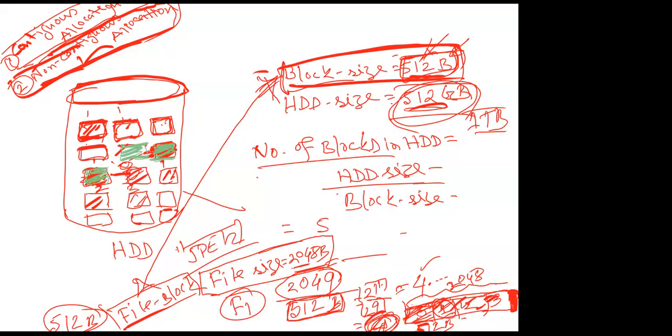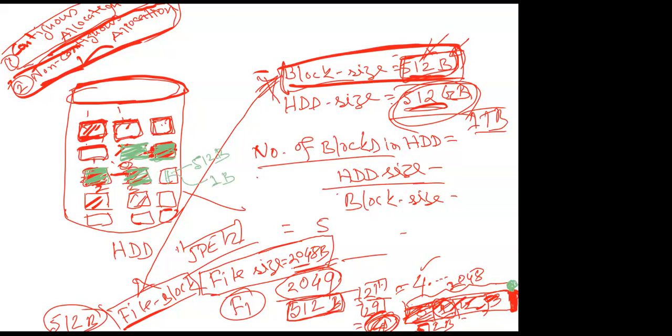This is 3, and you also need another complete block. And for this extra 1 byte, you need to use the next block. Here from this block, which is 512 bytes, you can use only 1 byte.